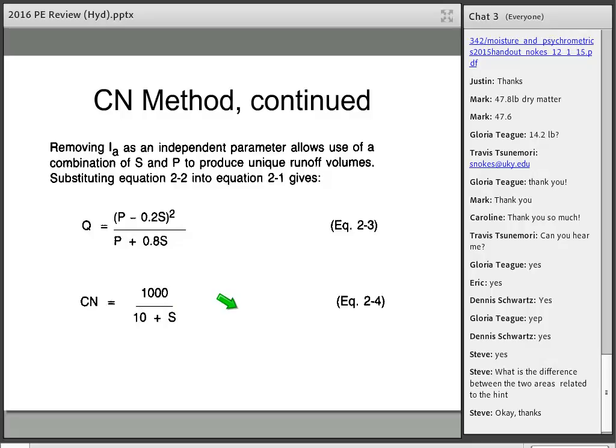So if a surface is perfectly impervious and such that there would be no roughness, so there's no storage on it, then you'd have a curve number of 100. Anything else is going to be a curve number less than 100, and it depends on how big this gets.